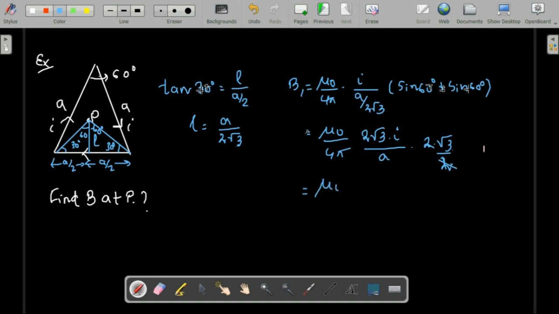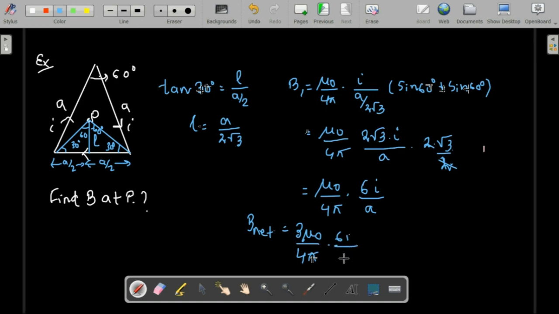So that would be mu naught by 4 pi into 3 to say 6, 6i divided by a. So that's because of one direction, one side. So obviously, if you want to find out what is the B net, it's all symmetric here. So it is 3 times whatever value we have.